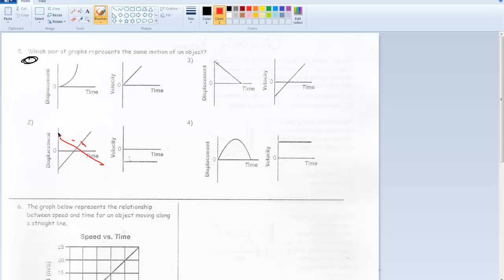In this case, the displacement is decreasing, but the velocity is increasing, so these graphs don't match up. In this case, the displacement is slowing down, and then it's reversing direction, so this velocity is not appropriate for it as well. This would be something like that.